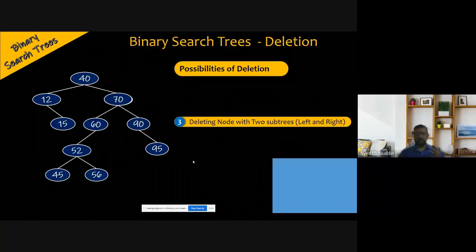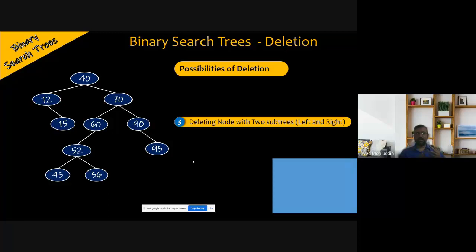If you are deleting a node with one subtree, left or right, then delete that node, but make the parent link to the root of the left or right subtree.